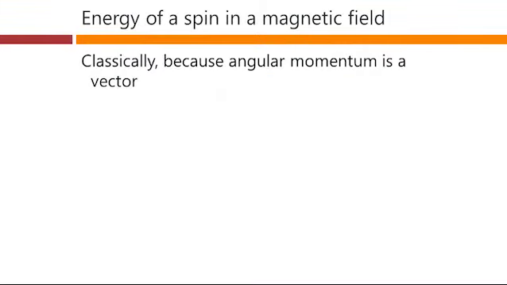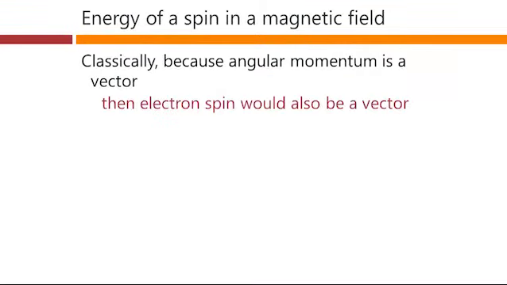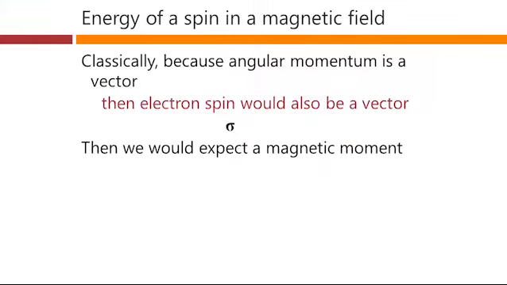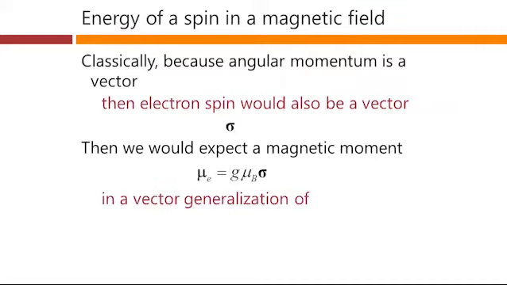Classically, because angular momentum is a vector, then electron spin would also be a vector. And we could call that sigma. Then we would expect a magnetic moment of this form here, in a vector generalization of the scalar version of that.